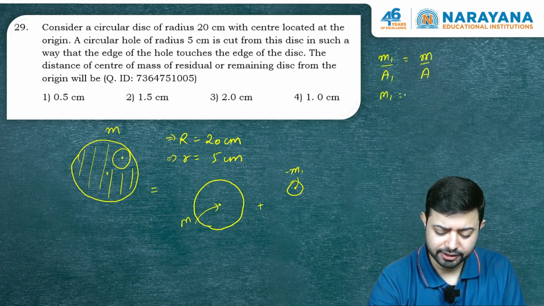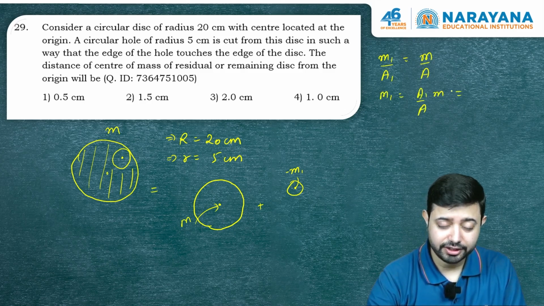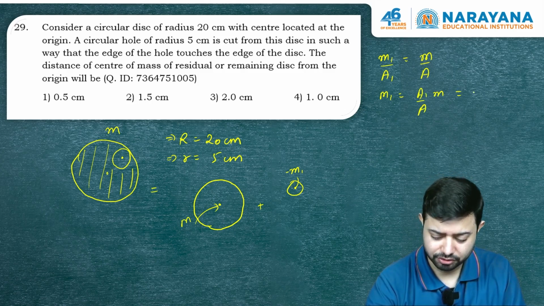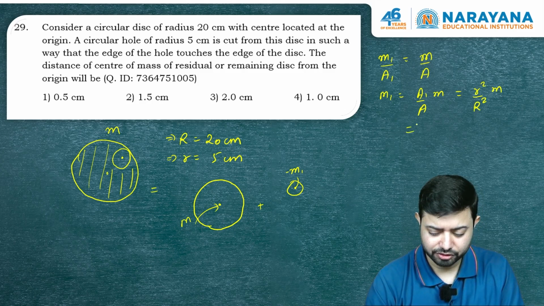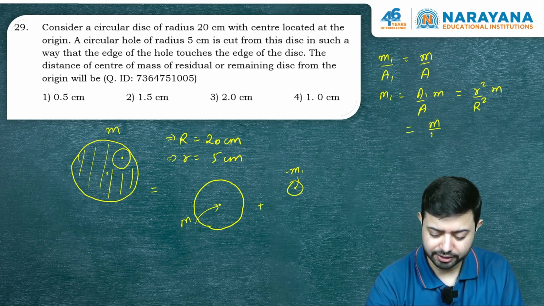So, what is my M1 in terms of M? A1 by A into M. Now, area is proportional to the radius square. So, you can say that M1 is going to be small r square divided by capital R square into m. Now, what is this small r by capital R? 1 by 4, 16, right. So, this will become m by 16.